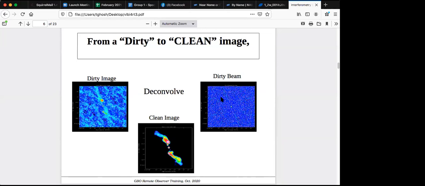So we have little bits of response everywhere, and that's causing all of this. So we deconvolve this beam from the dirty image, and then we can get beautiful deconvolved clean images. There are various methods of doing this, and many software packages for doing this. That's how at the end you get all those beautiful radio maps that we usually see.